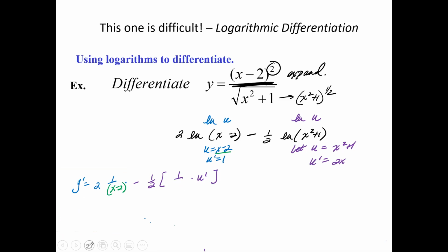So let's replace the u with x squared plus 1 and the u prime with 2x. And looking at this here, this 2 cancels. And then I am left with 2 over x minus 2 minus 1 over x squared plus 1.